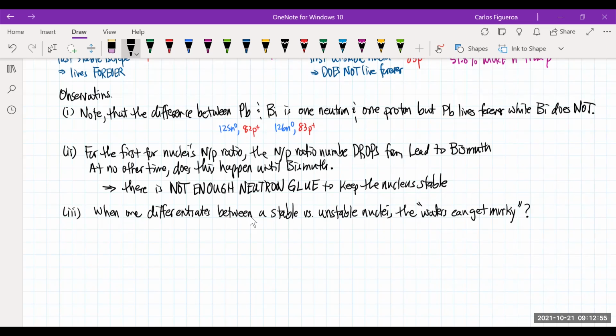So what do I mean by stable versus unstable nuclei? And I think this is a really, really wild question. So what does it mean to be stable?